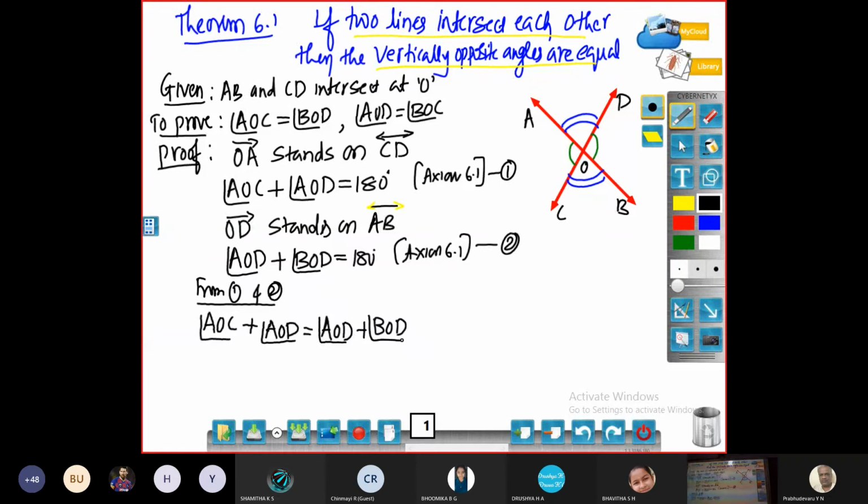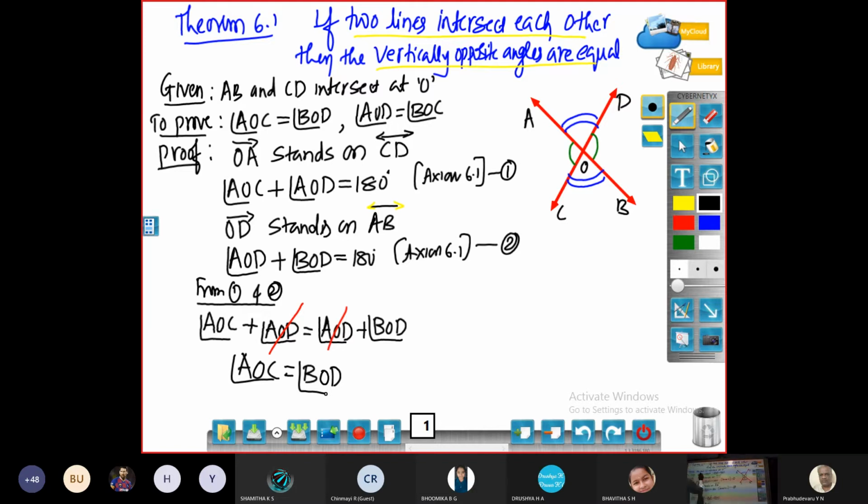Now subtract equals from equals, that is AOD from both sides. These cancel, and what remains is AOC equal to BOD.